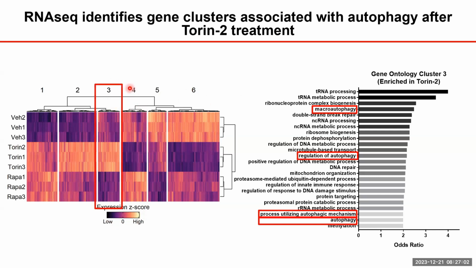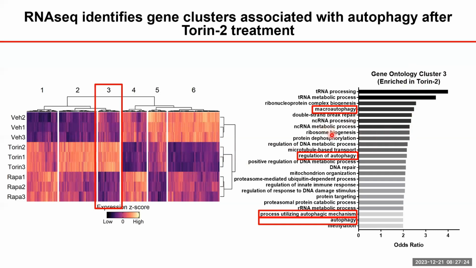And so we took the list of genes upregulated in the TORIN2-treated cells, cluster 3, and did gene ontology analysis for biological processes to look at what processes these genes were associated with.